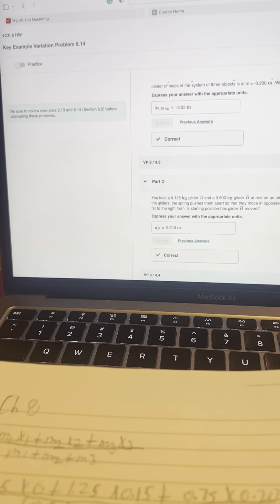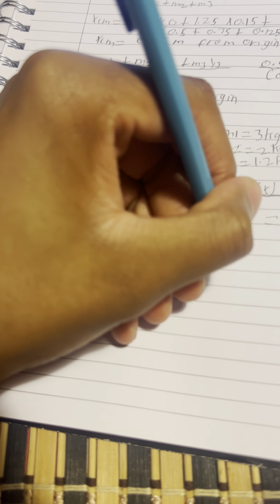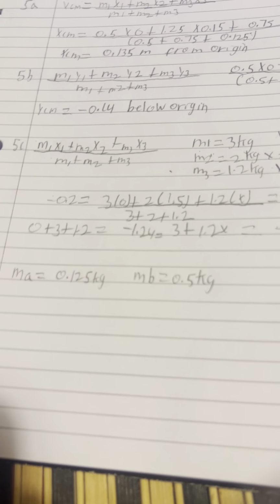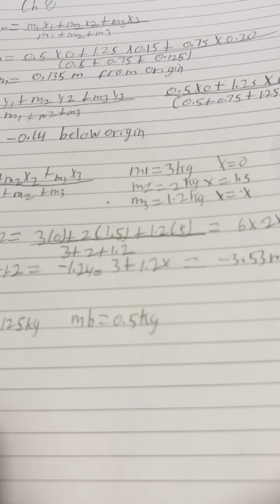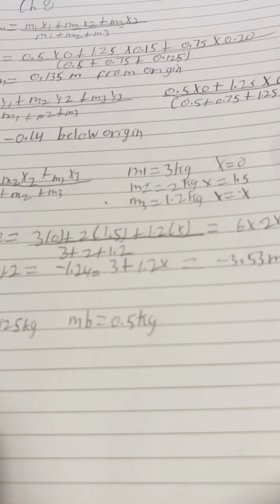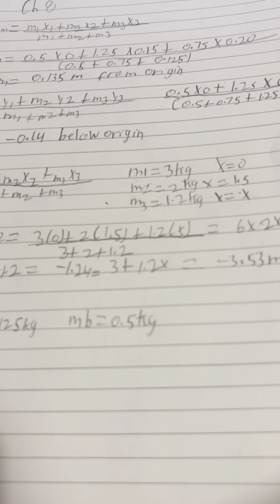So I know the mass of glider A, which I'm putting as M equals 0.125, and then M glider B equals 0.5. Put the units, and the center of mass is constrained, I guess.